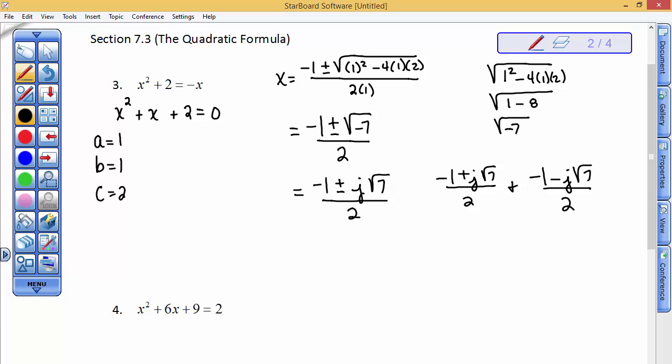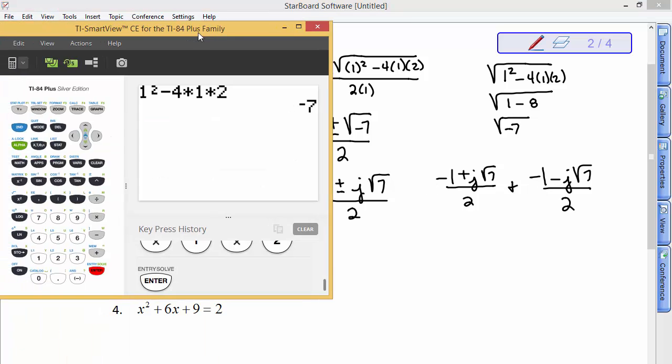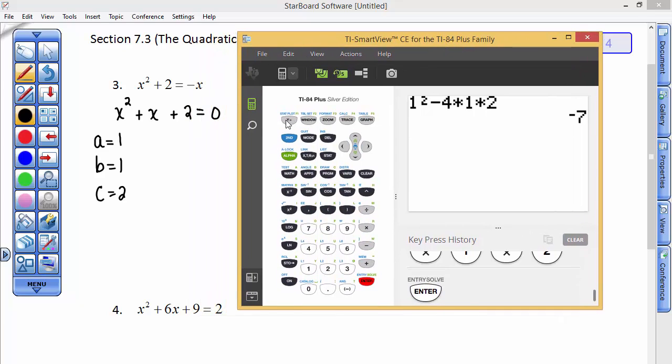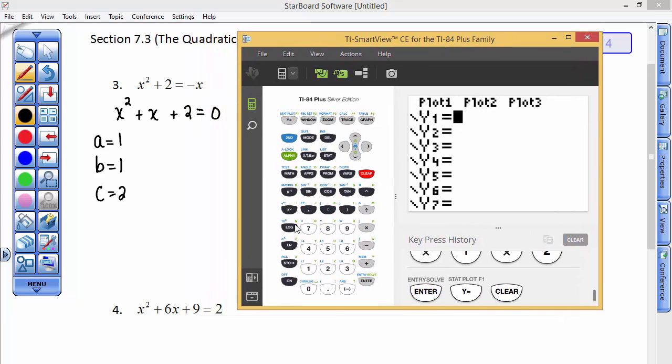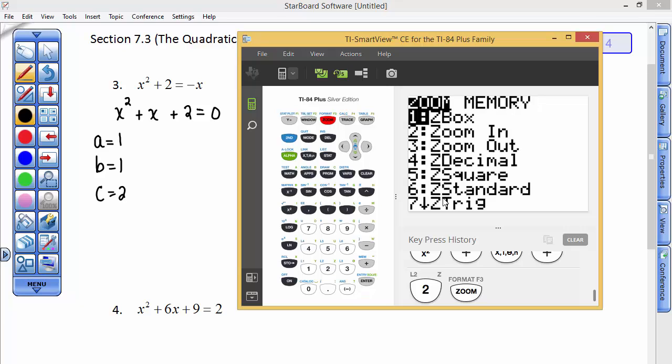So one of the things I want to do is show you this one on the graphing calculator because it has imaginary answers. So you have x squared plus x plus 2. I'm going to hit the zoom key and go back to a standard window, so I'm just going to hit the number 6 on my calculator.